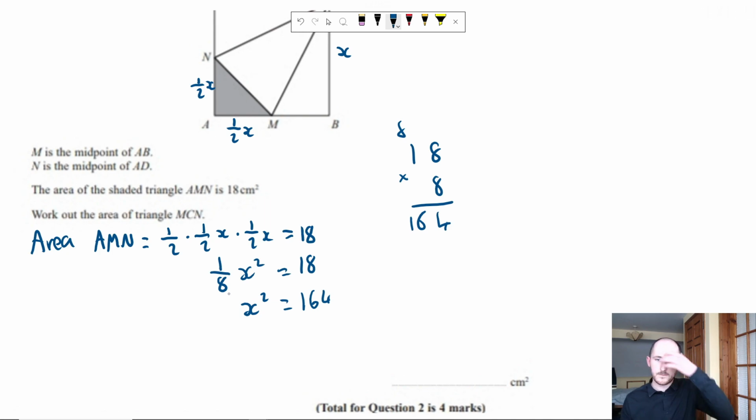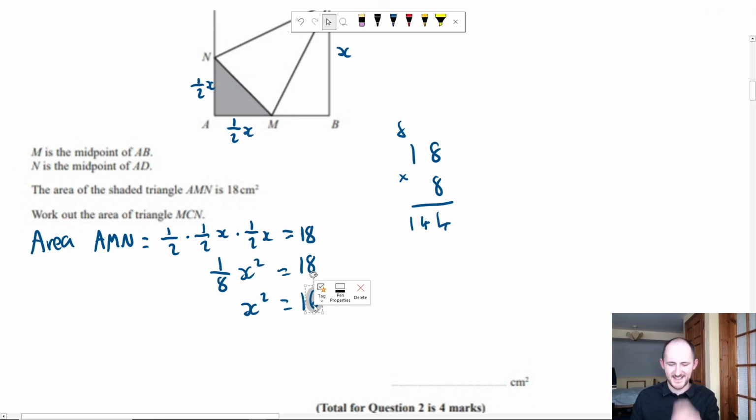Yeah, I've made a mistake, it's 144. I promise I can do normal maths. I knew something was wrong, I just couldn't pinpoint it exactly. So when you square root it, that gives me 12 centimeters.